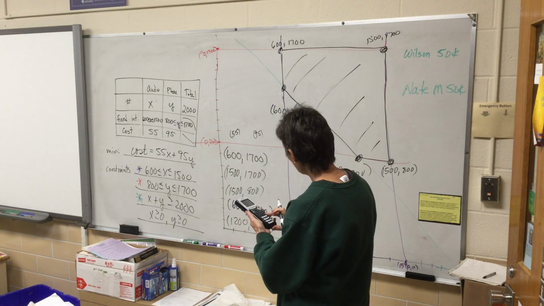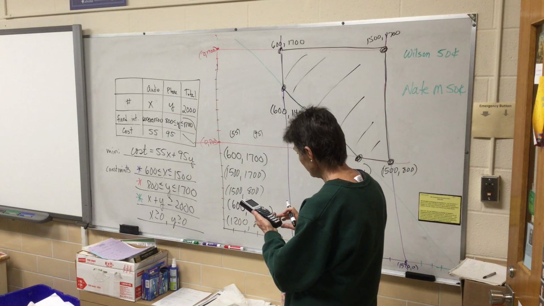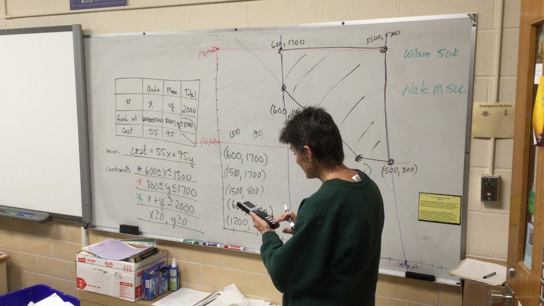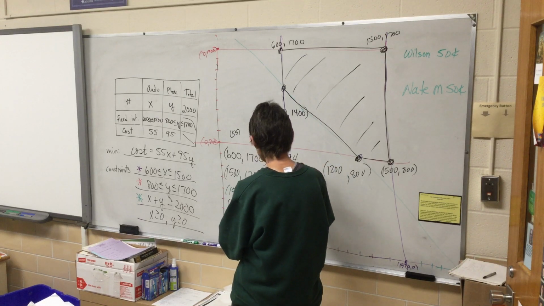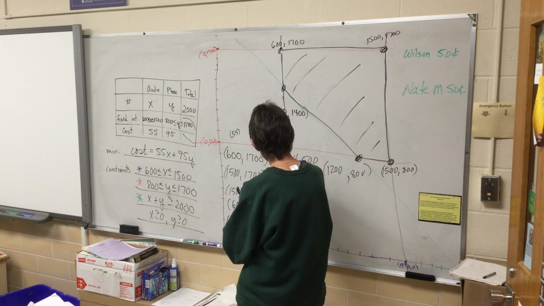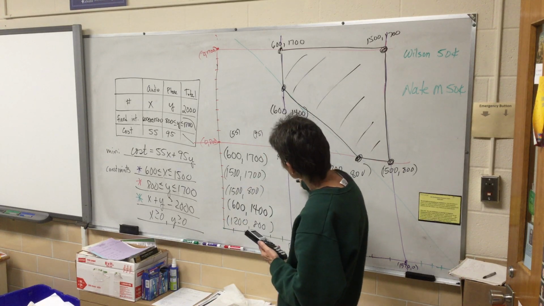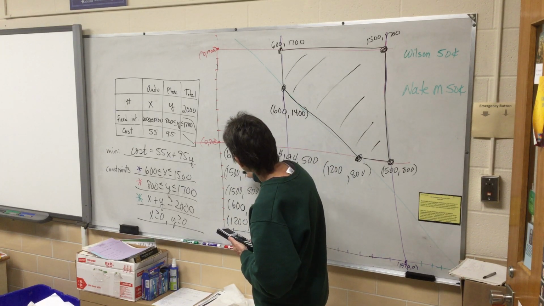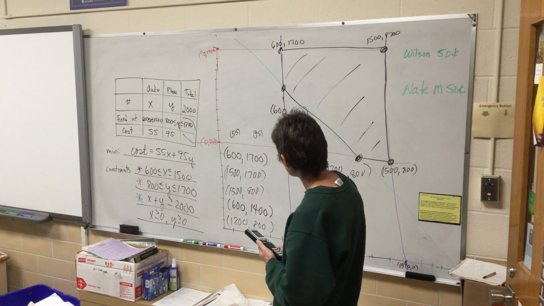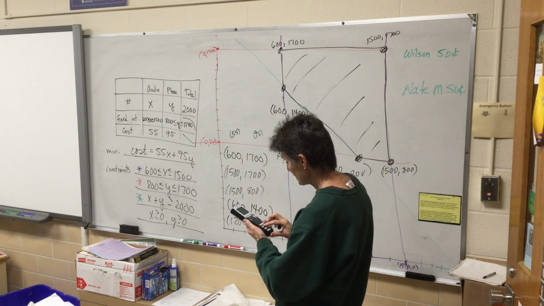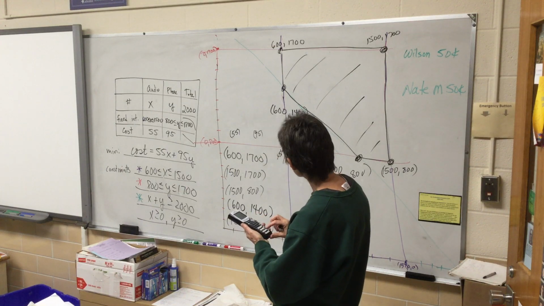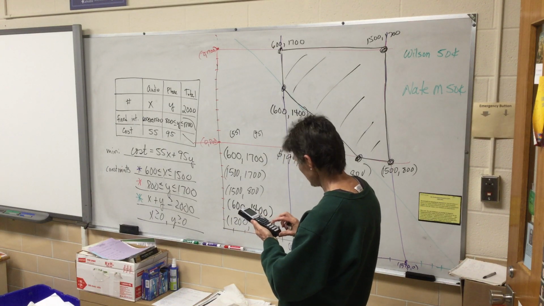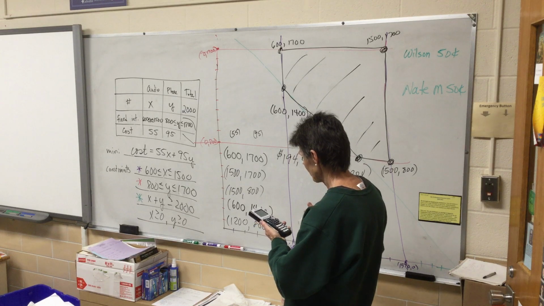So 55 times 600 plus 95 times 1700, that one is 194,500. That's the cost if I make 600 audios and 1,700 phones. Then I just keep going. So 1,500 times 55 plus 95 times 1,700.